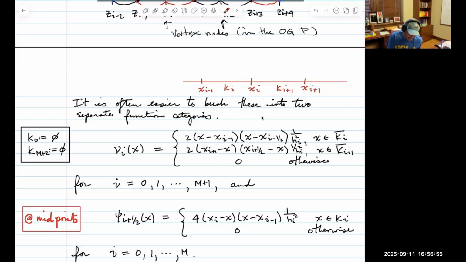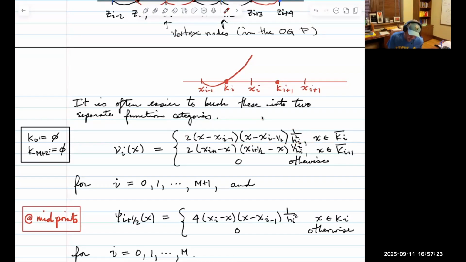So I'm claiming this first one is precisely constructed so that its shape is like that, and it's going to take the value 1 at this point, x_i. How do I show that it's going to take the value 1 at x_i? Just put that in for the value of x. You get 1 coming out.